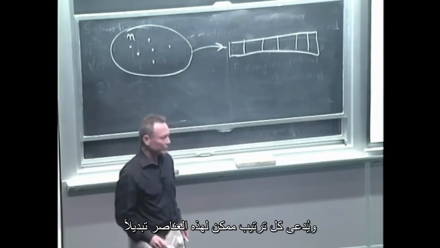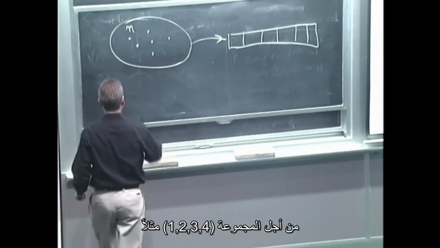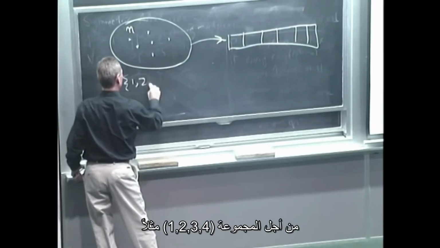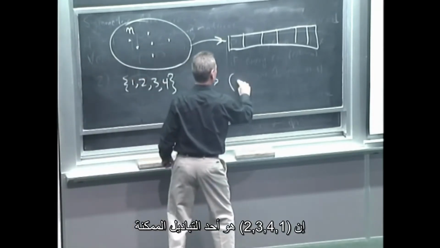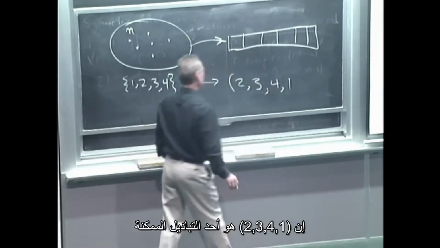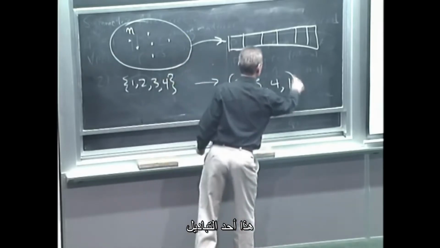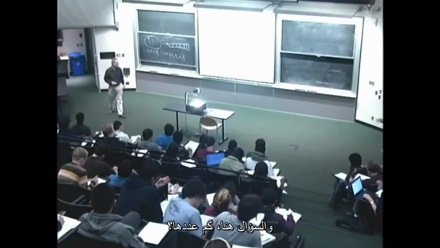Any possible ordering of those elements is called a permutation. So, for example, if we have the set 1, 2, 3, 4, a possible permutation is the list 2, 1, 3, 4. That's one possible permutation. And there's lots of possible permutations. Of course, the question is how many are there?